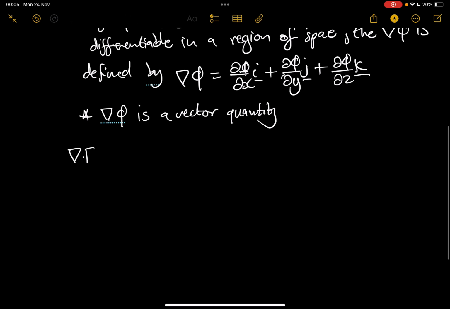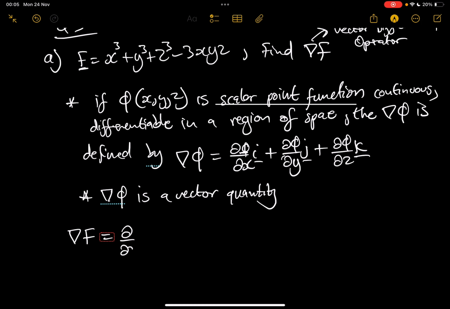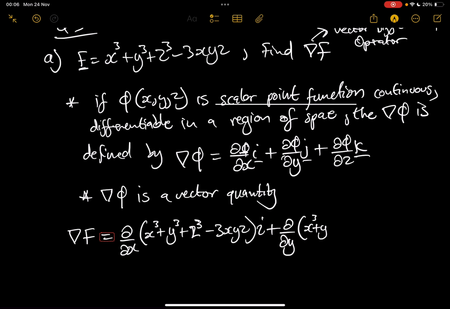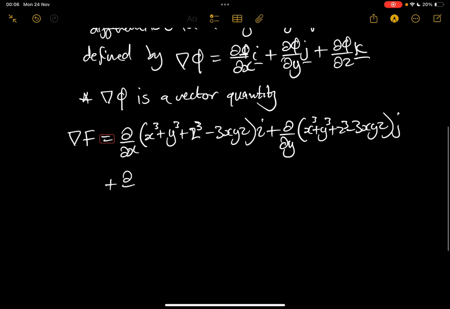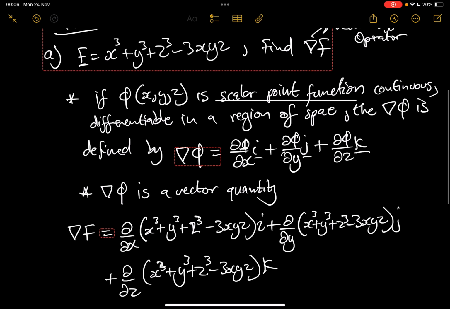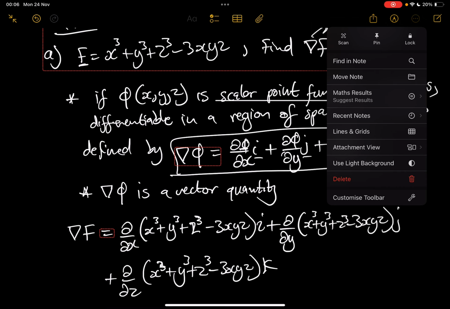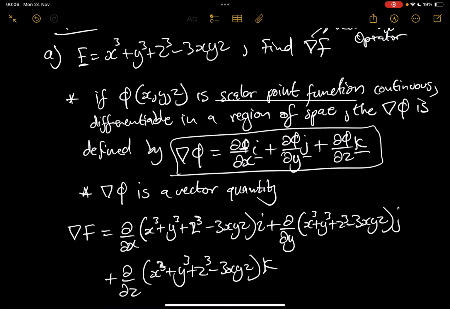So that means del f is going to be del x of f i, plus del y of f j, plus del z of f k.